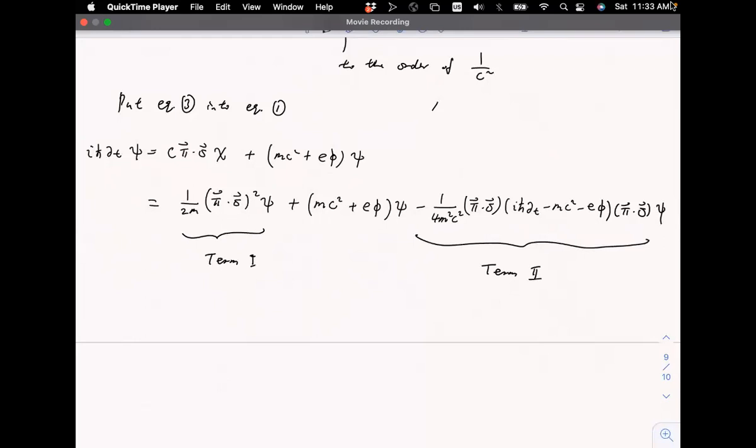Okay, so we're going to deal with them one by one. I think in today's lecture, I will only deal with term 1, and this will give us the Zeeman effect and the G factor of electron. And if you deal with term 2, you're going to have the spin-orbit coupling that will pop out. Let's deal with term 1.